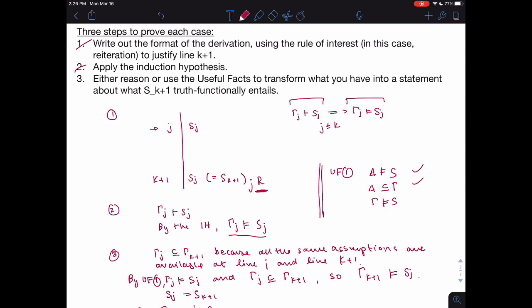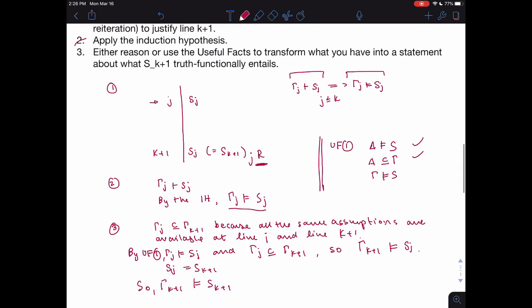Then in step 3, we used useful fact 1 to transform what we had into a statement about what gamma k plus 1 truth functionally entails, and that's what we ended up with here.